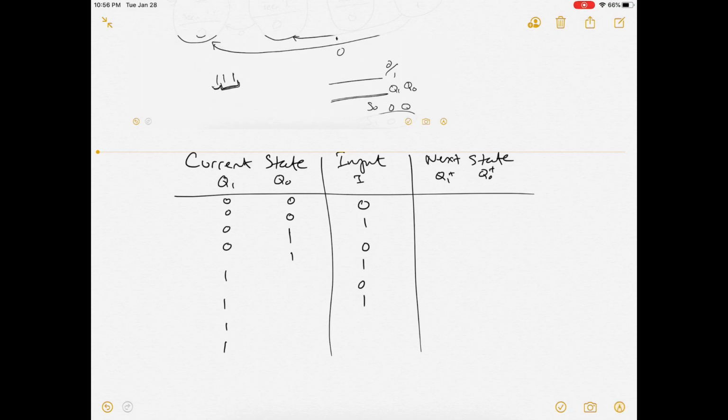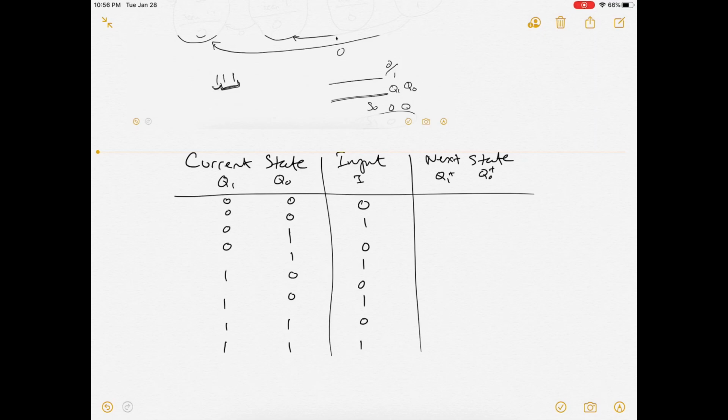So in total, we're going to have 8 possible scenarios. Okay, so now we have all the possible inputs, and we will be able to write what will be the next states for this.